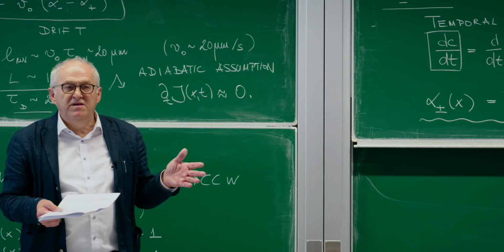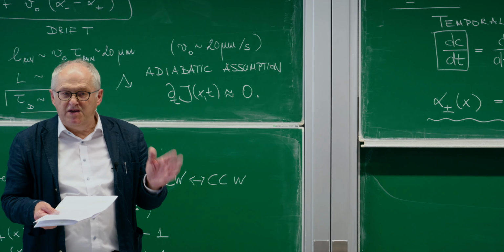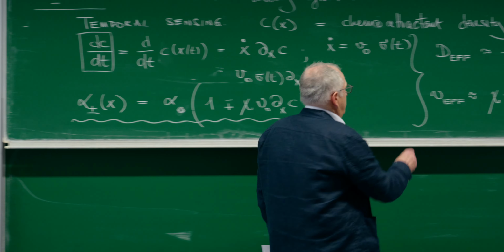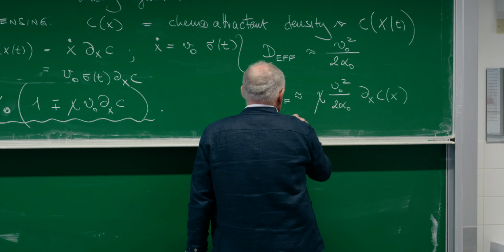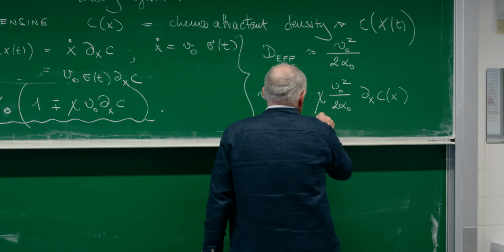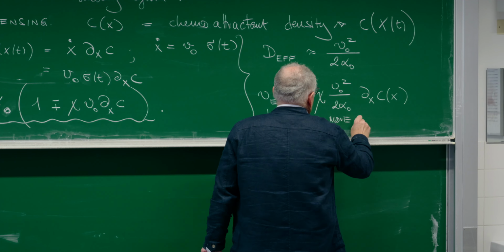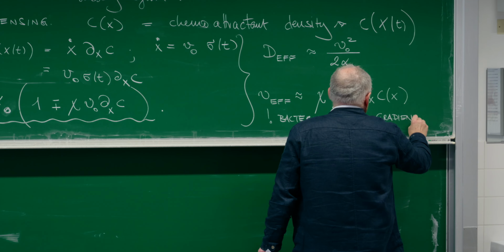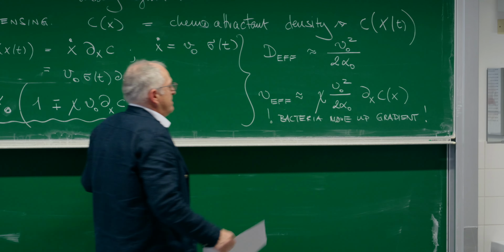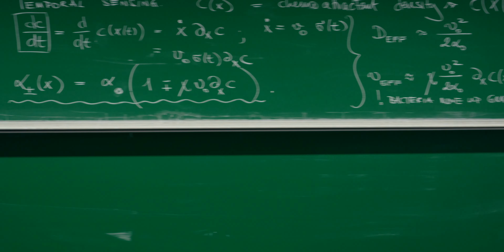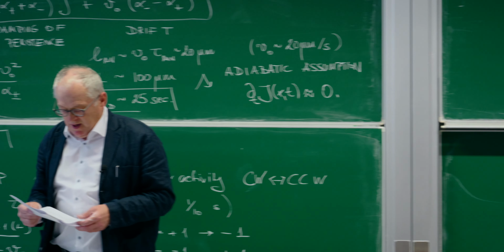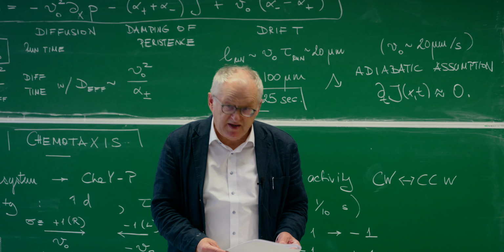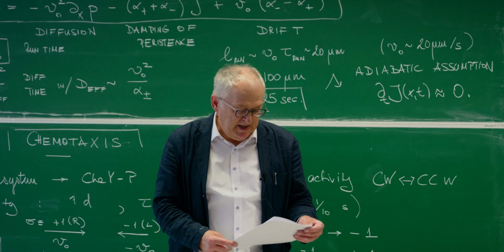That means, in summary, the drift velocity will move up the gradient. Okay? So this really means bacteria move up the gradient by this very simple and basic mechanism that you flip back and forth, and you make your flipping rate dependent on the chemoattractant concentration, so you do temporal sensing.